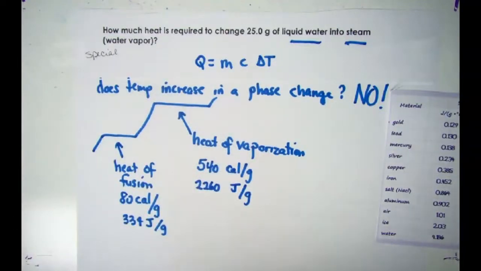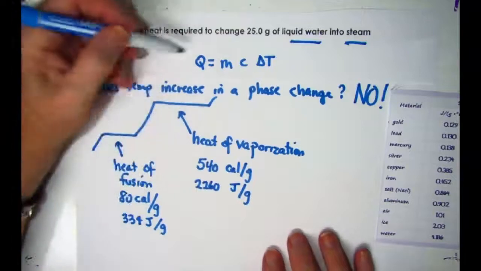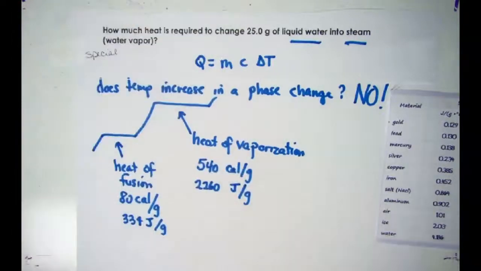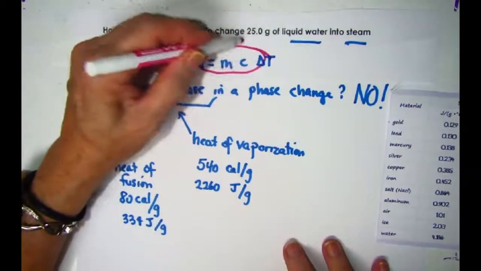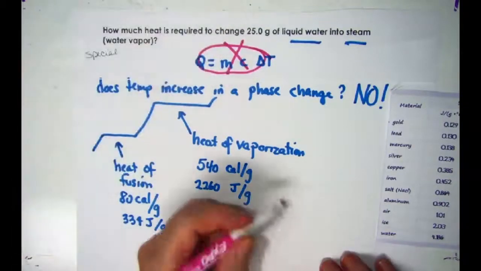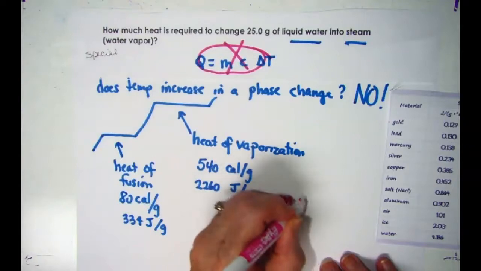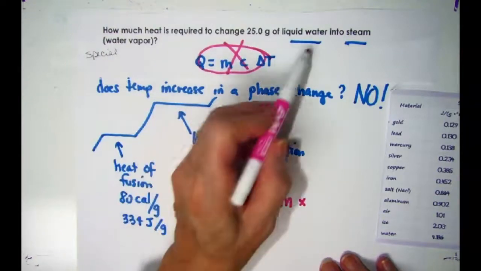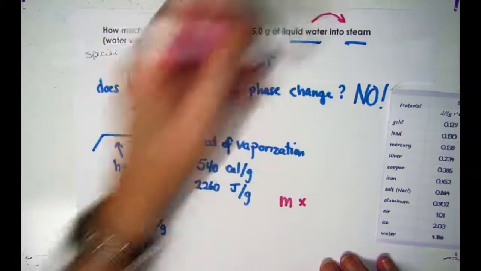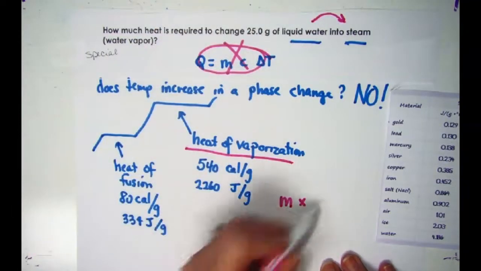Okay? So when this problem is being asked, you're not being asked to do this problem. What you are being asked to do is to simply take the mass times, in this particular case, since we're going from water into steam, we're using the heat of vaporization.